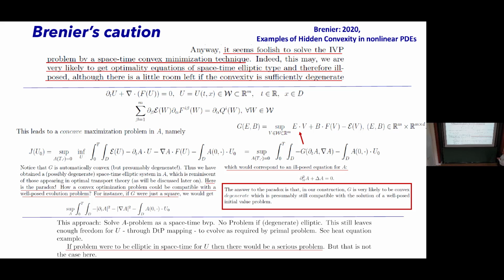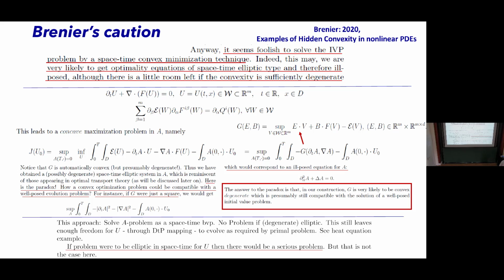So now what he says is take a first order system of conservation laws. It has an entropy flux pair, and you play the same game. So this is the dual problem now with the entropy put in here. You basically do the Legendre transform. This is what happens. And this is the final problem. And then he sees a paradox. Here is the paradox: how a convex optimization problem could be compatible with a well-posed evolution problem.